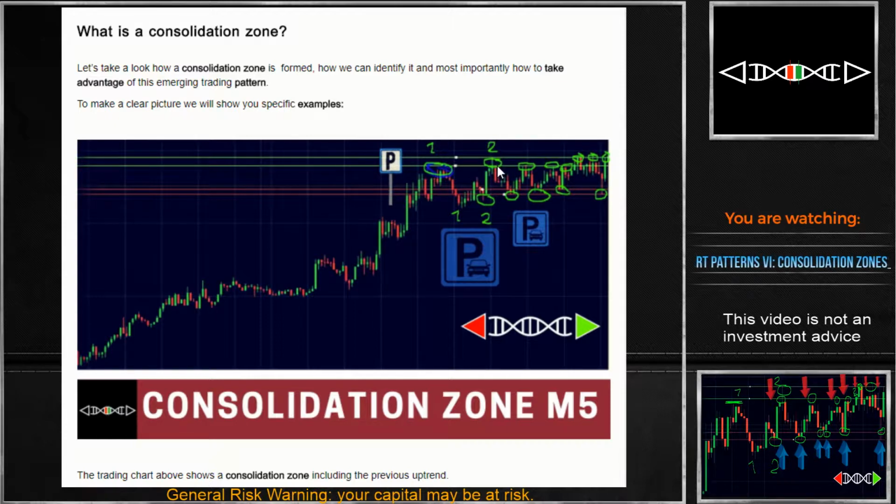So it failed to punch through this level for the second time, and I would take it as a confirmation. And as you can see, it also happens when the price pulls back down again and tries to punch through this zone for the third time, fourth time, fifth, sixth, seventh, eighth, and so on.